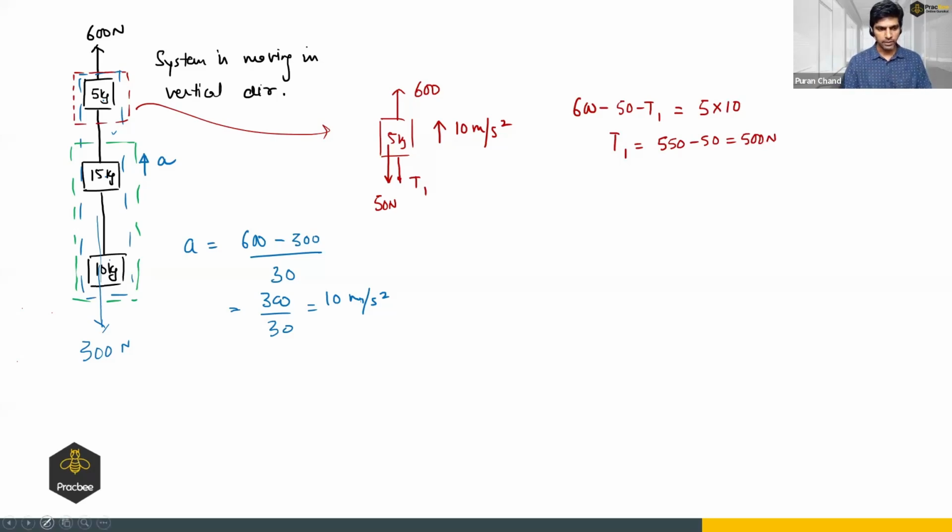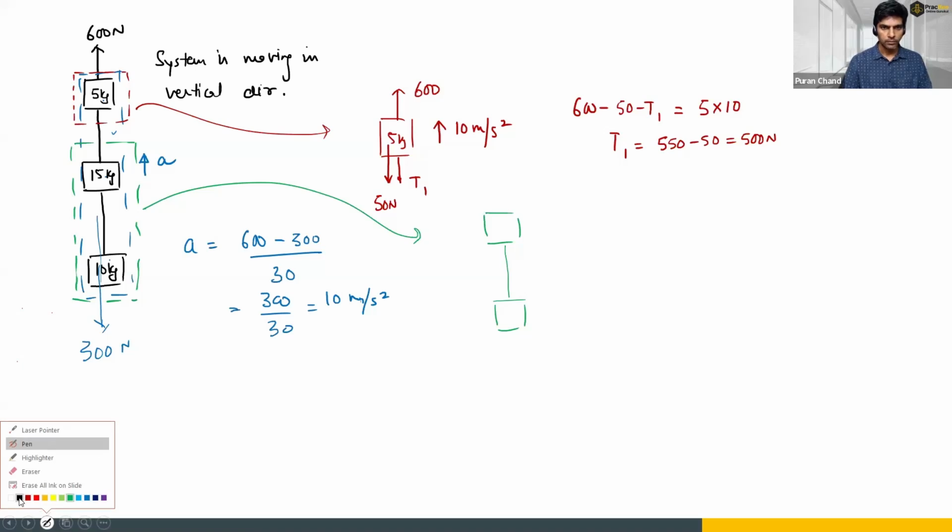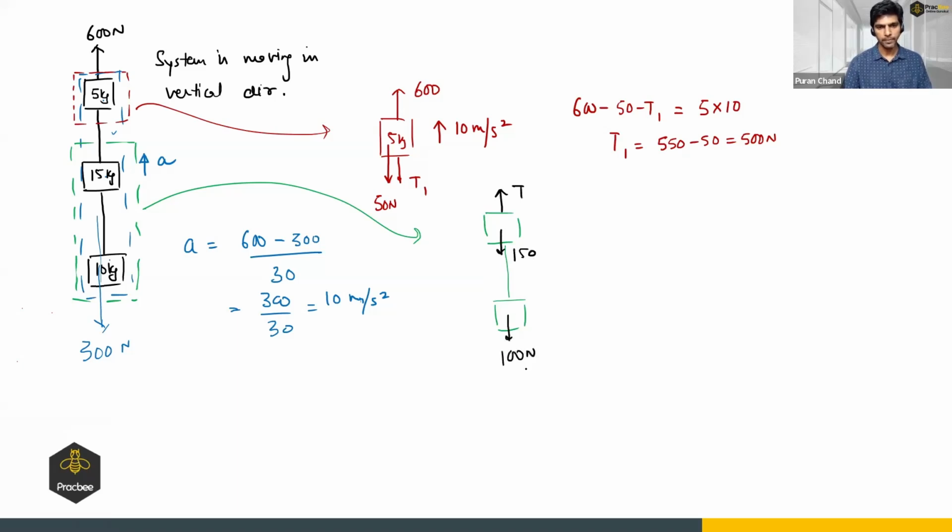I'll get the same answer if I draw the free body diagram of this subsystem. So let us do that. If I draw this subsystem, there is a tension T. It has a mass 150. It has a mass 100, right?